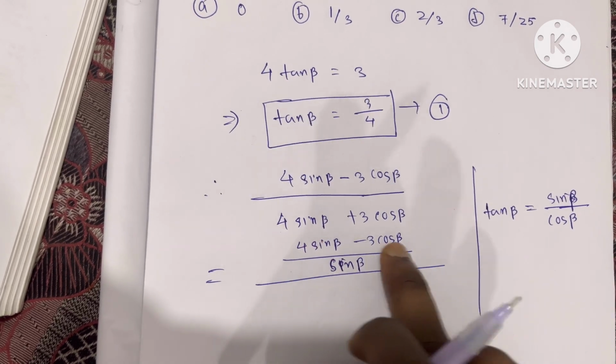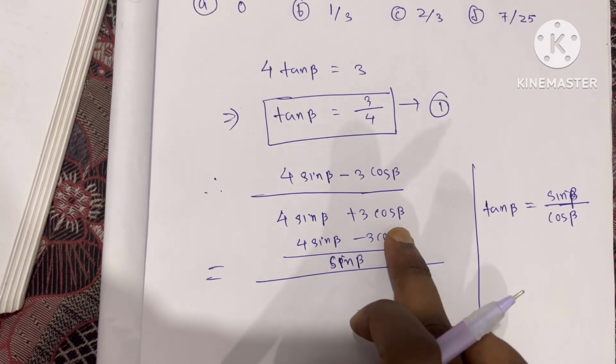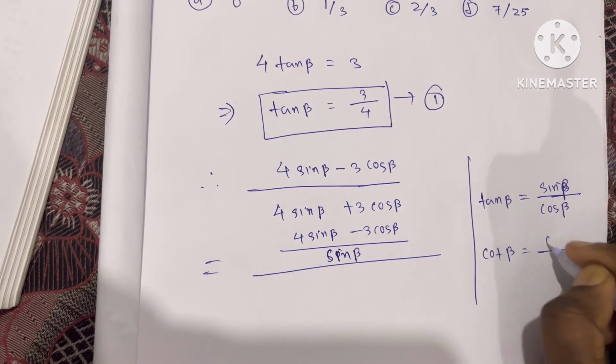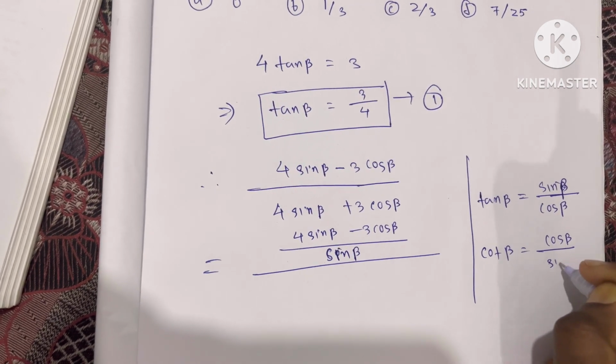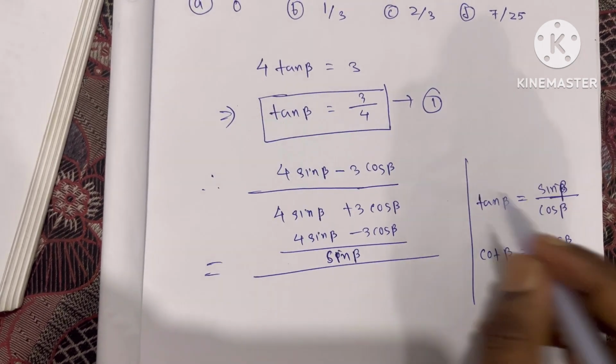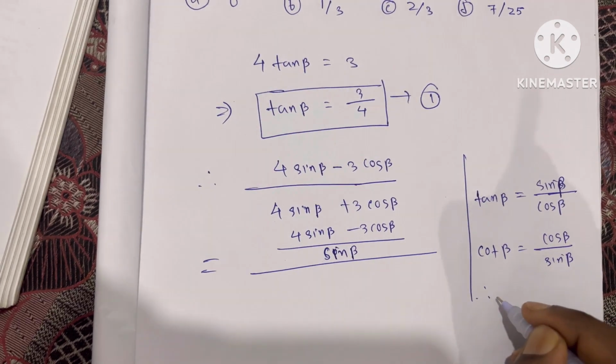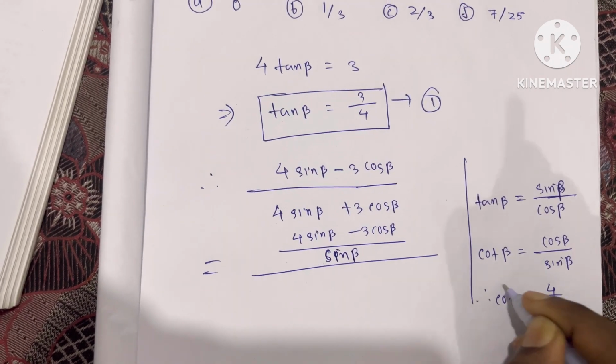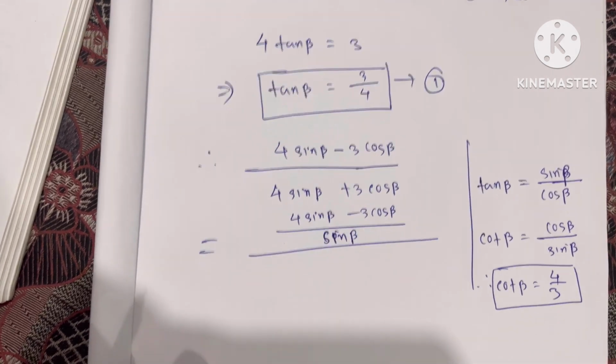So if you divide this by sin beta, you will get cot beta, and as you know cot beta is equal to cos beta by sin beta. Is it not? Since tan beta is equal to 3 by 4, therefore cot beta is equal to 4 by 3. So we can use the value of cot beta.